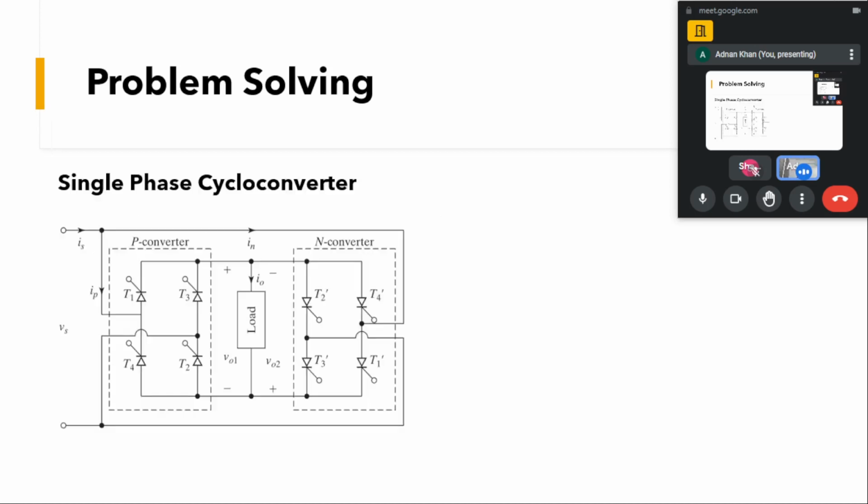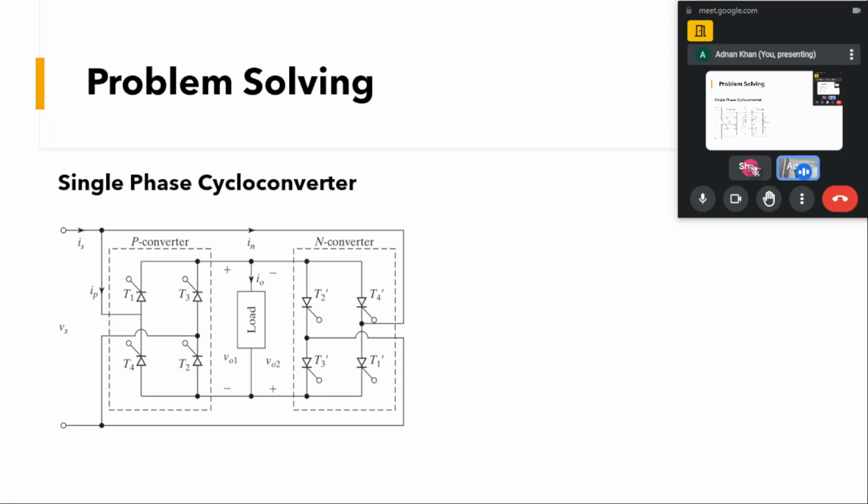Like we have seen for the single phase cycloconverter, we had two converters. One is a p-type converter which conducts during the positive half, and we have an n converter which conducts during the negative half. You can see here we have thyristors in the p half. They will only conduct the positive current, and the negative current will be blocked by them.